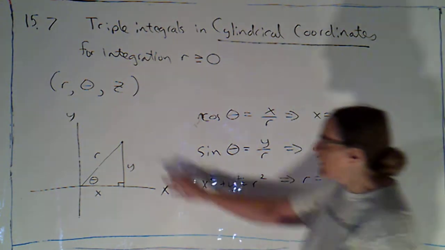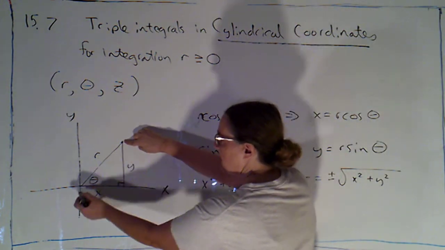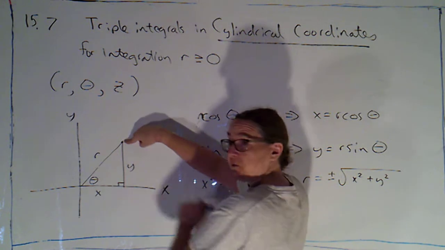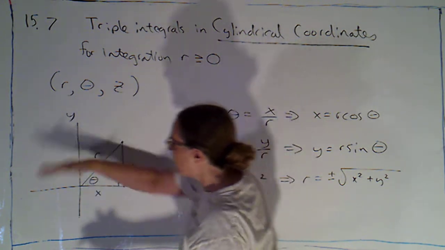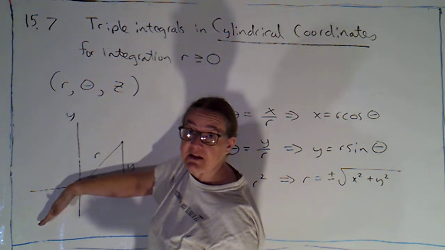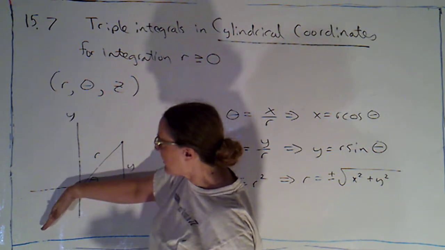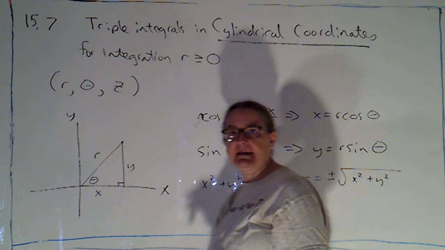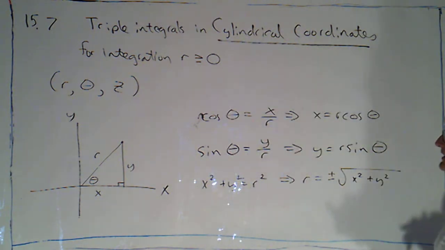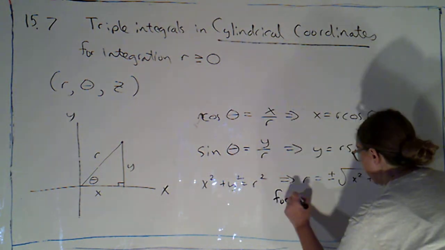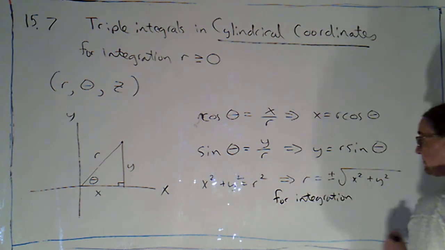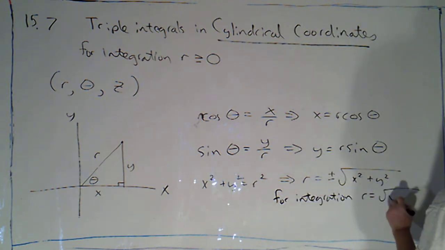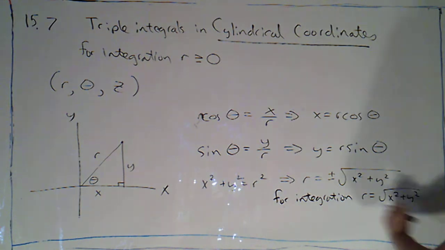So again, if I wanted to describe this point using a positive r, my theta would have to terminate in quadrant 1. If I wanted to use a negative r, I'd have to use an angle that put me into quadrant 3, so that when r is negative, that flips me back into quadrant 1. Now, for our purposes for integration, r will have to be positive, so r will be the positive square root of x squared plus y squared.